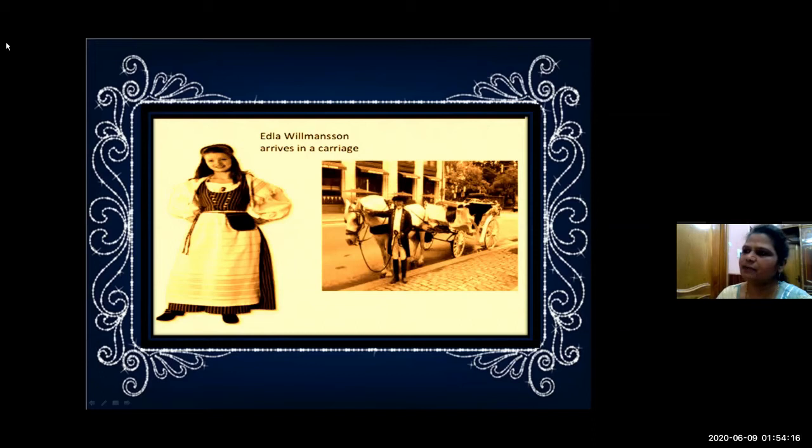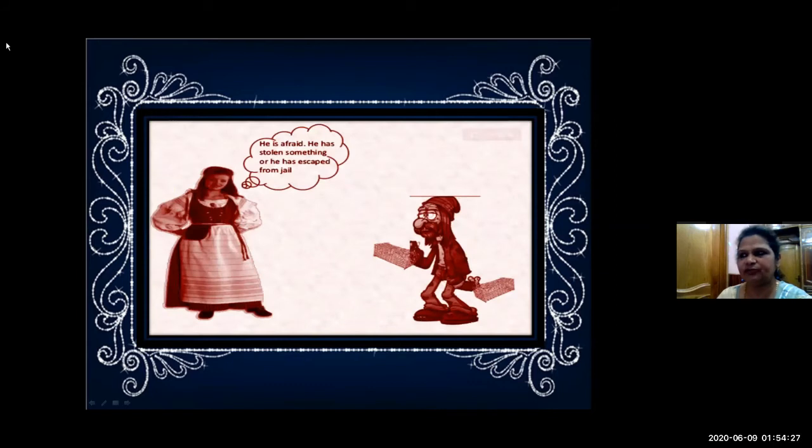But after some time, Edla Willmansson, the daughter of the ironmaster, arrived at the mill in her carriage. She came straight to the peddler and realized that he was afraid on seeing her.